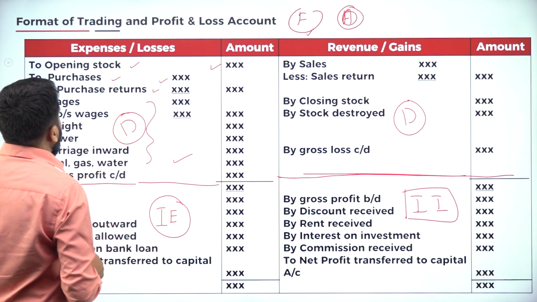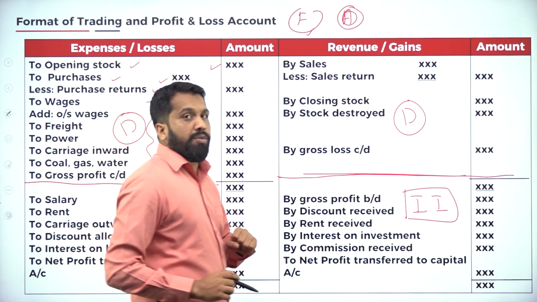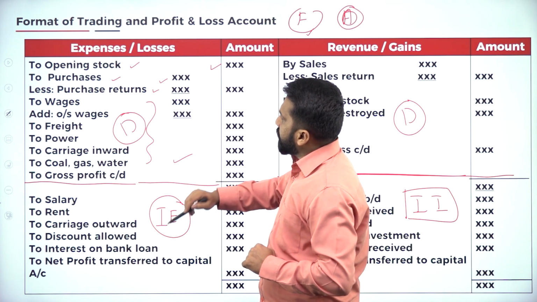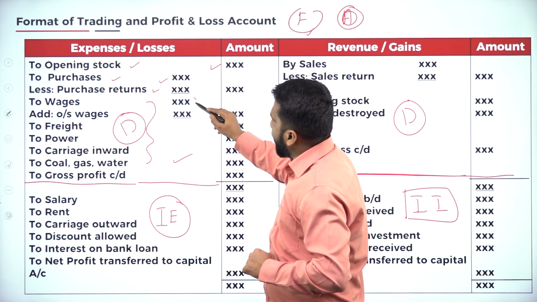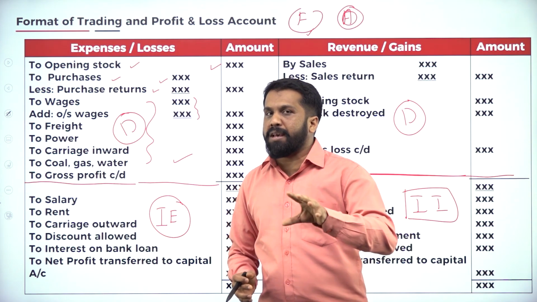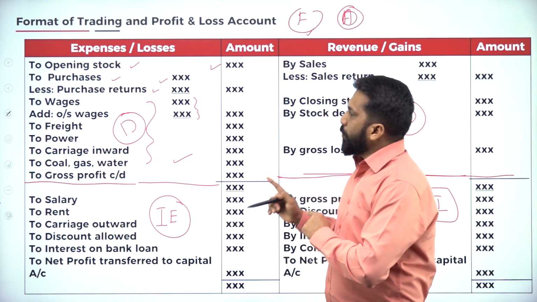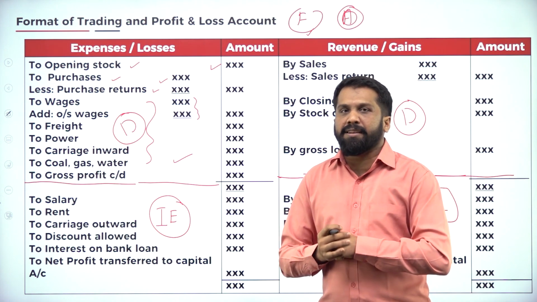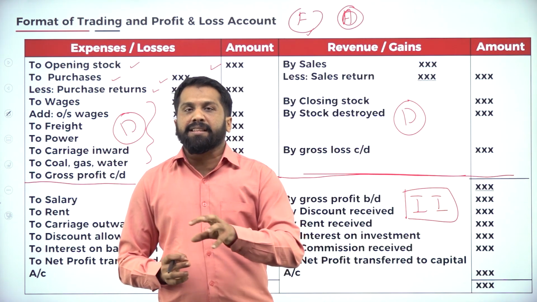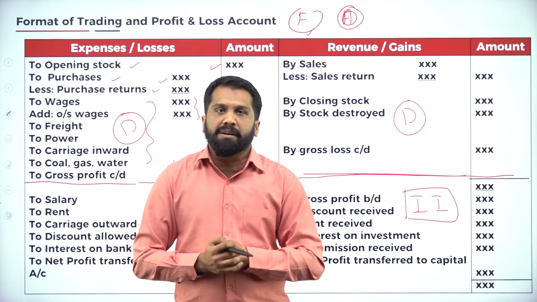Like, which are those direct expenses? First one is wages. Now, wages, add outstanding wages. Now, maybe it is confusing for you. I'll make it easy. What is outstanding? Maybe you have to pay 10,000 wages to your labor.